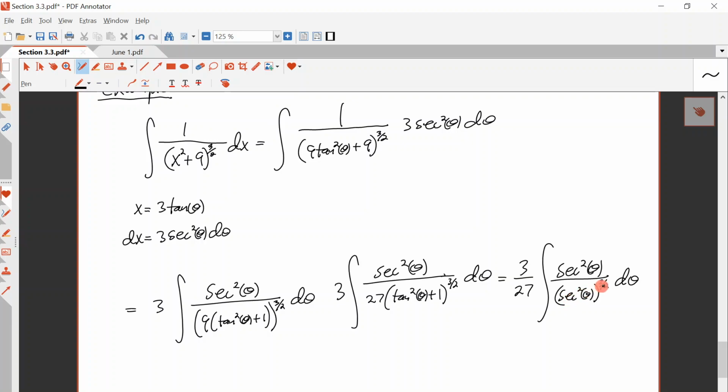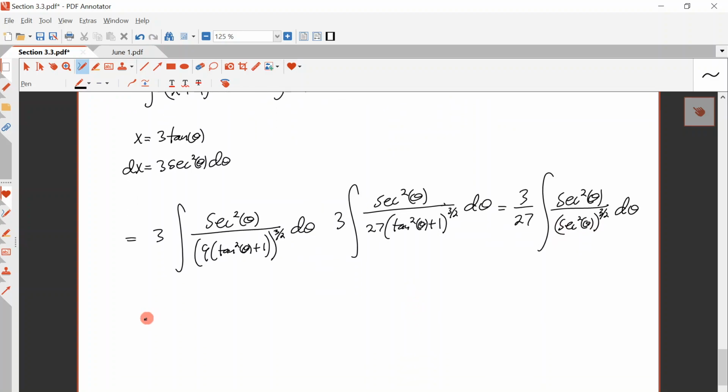Secant squared to the 3/2, well, it's absolute value of secant to the third. Right? 2 times 3/2 is 3, so it's absolute value secant to the third. But what we're going to do is just eliminate that absolute value and assume right from the get-go that secant is positive.